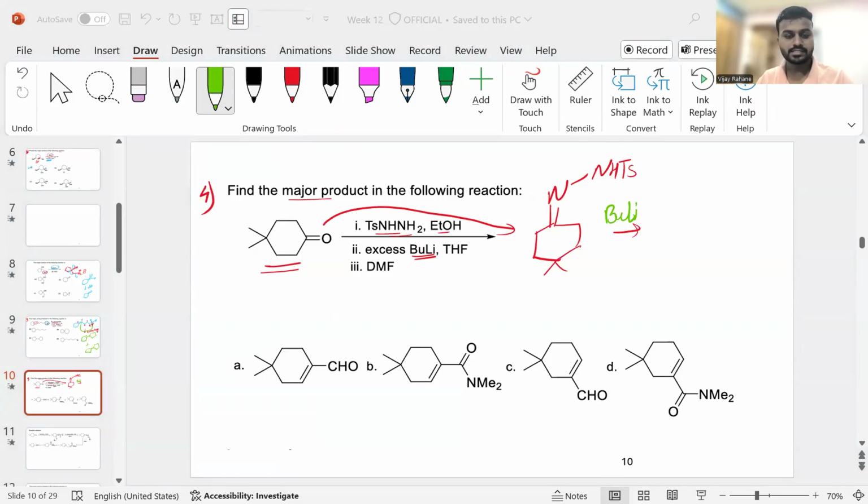If you look at the acidity of the protons present in the reaction, the alpha proton to the ketone group is acidic, and it gets abstracted by the butyl lithium. And obviously, because the butyl lithium is in excess, the NH proton is also abstracted. So I will put the reaction mechanism there.